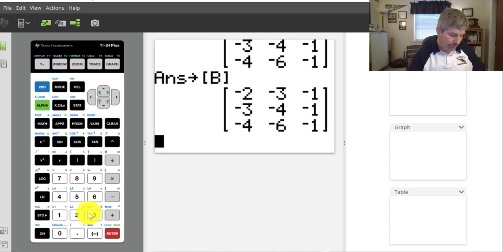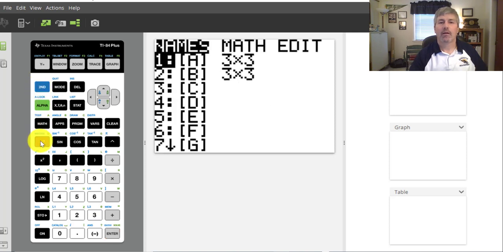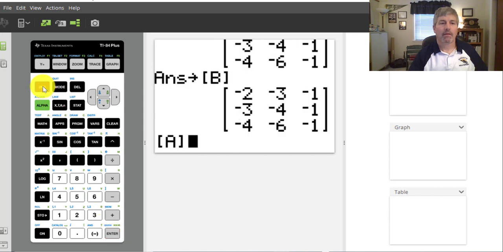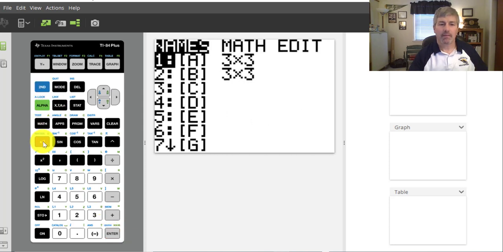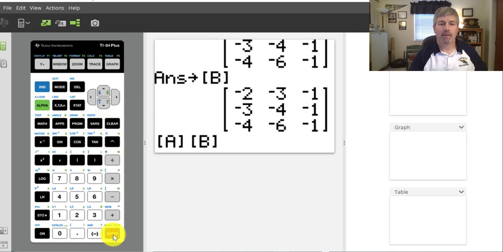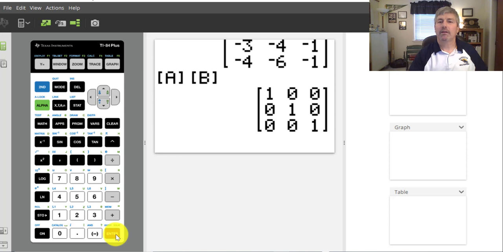And then it's asking me to multiply A times B and B times A. So I can select my matrices. So matrix A, go in and select matrix B, multiply them together, and I get the identity.